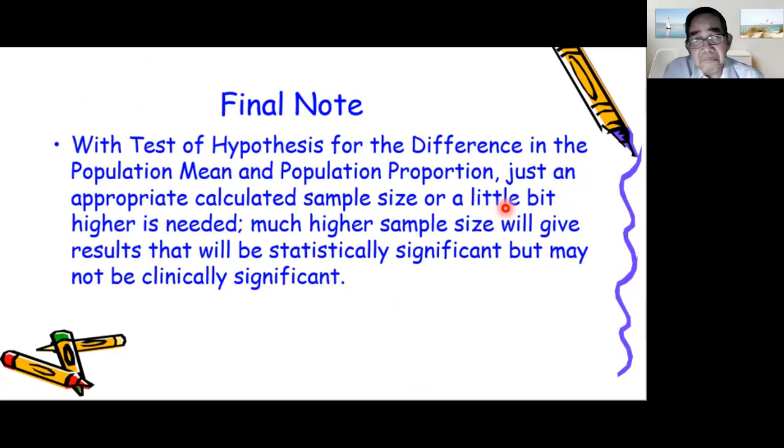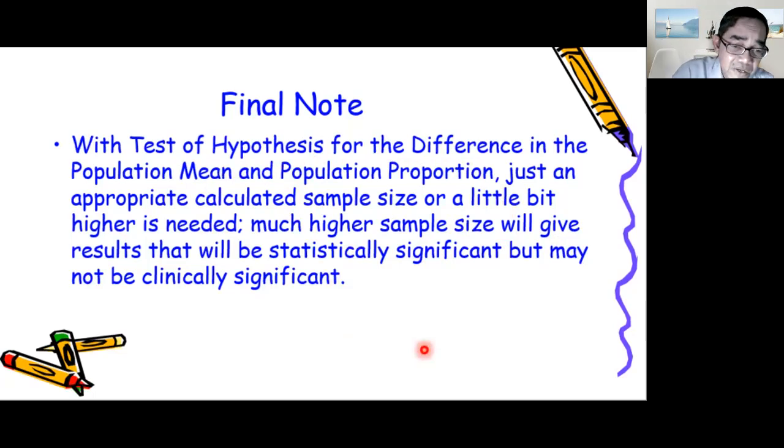So for example, you need 1,000 sample size, that is the required sample size, and then you get 10,000, 20,000, or more, 30,000, and then that will be much higher than what is required. Results will be statistically significant, but may not be clinically significant.